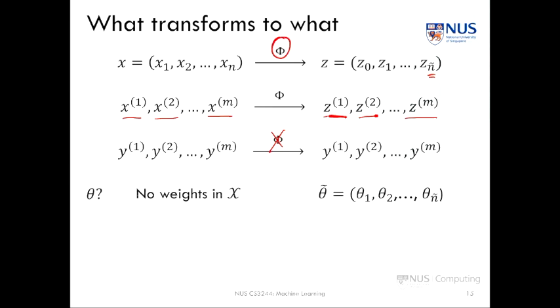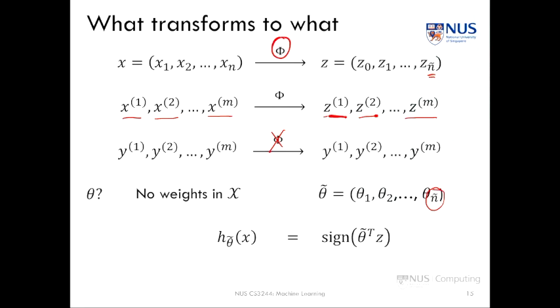We're going to get a different number, possibly, of features as denoted by n tilde, which means that when we do the transformation, we can either change the number of dimensions to be a larger amount or a smaller amount.